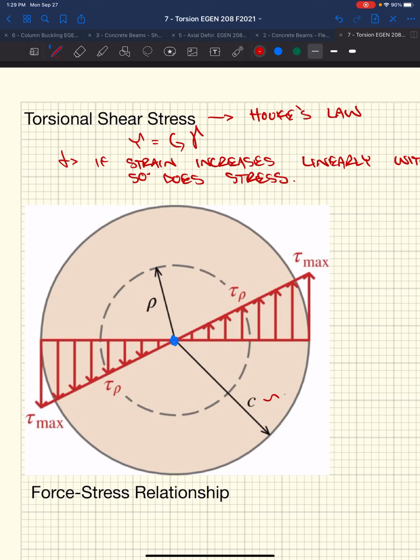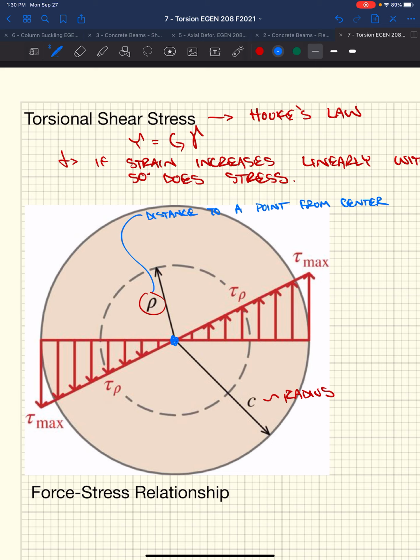So if we look at this, this is our radius c. That'd be the outside of our shaft. We've got this rho, and this is our distance to a point from center.